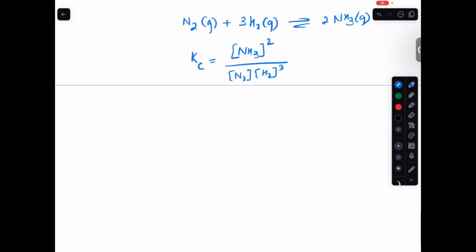But it turns out, oftentimes, you don't have concentrations to work with. When you have gases, it's pretty normal to measure the pressure of gases. Does that make sense? So when you're dealing with an equation that is predominantly in gaseous form, we use a different equilibrium constant called Kp, where the P stands for pressure or partial pressure.